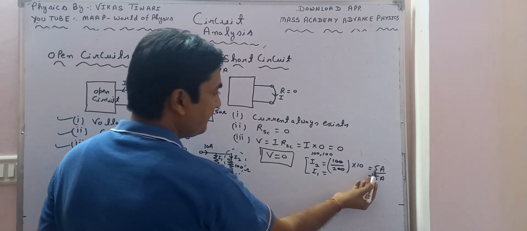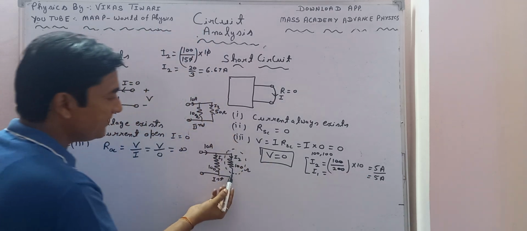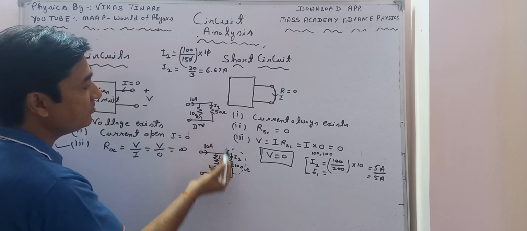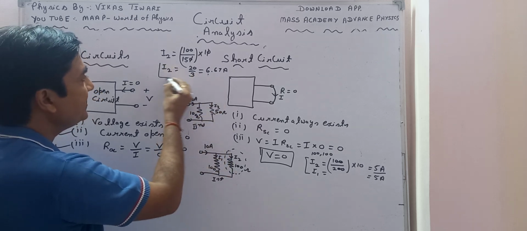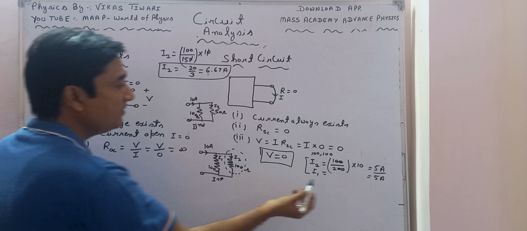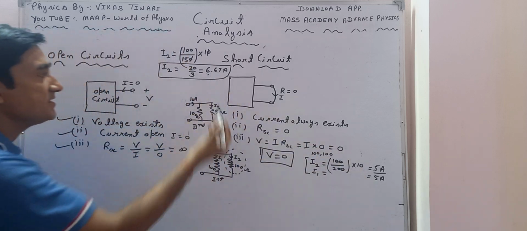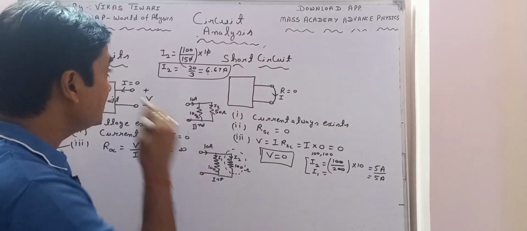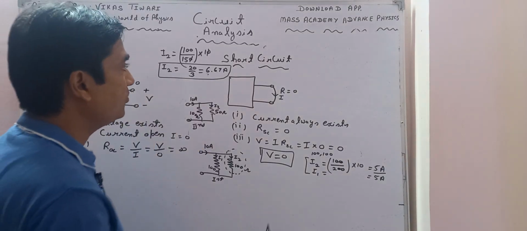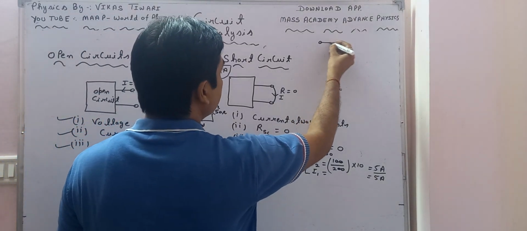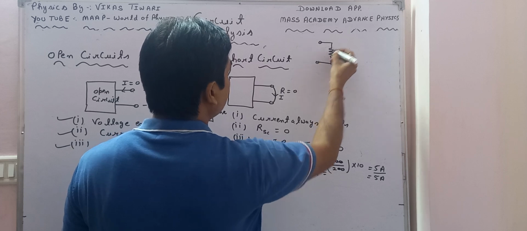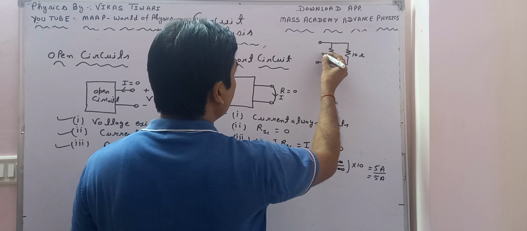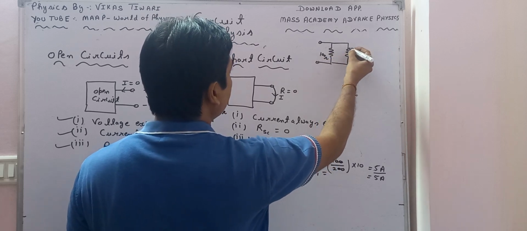Here the current was 5 ampere. As soon as I have reduced the resistance from 100 ohm to 50 ohm, the value of current increases from 5 ampere to 6.6 ampere. Now I will take one more case, the third case, in which I take the resistance as 10 ohm, fixing the other at 100 ohm.